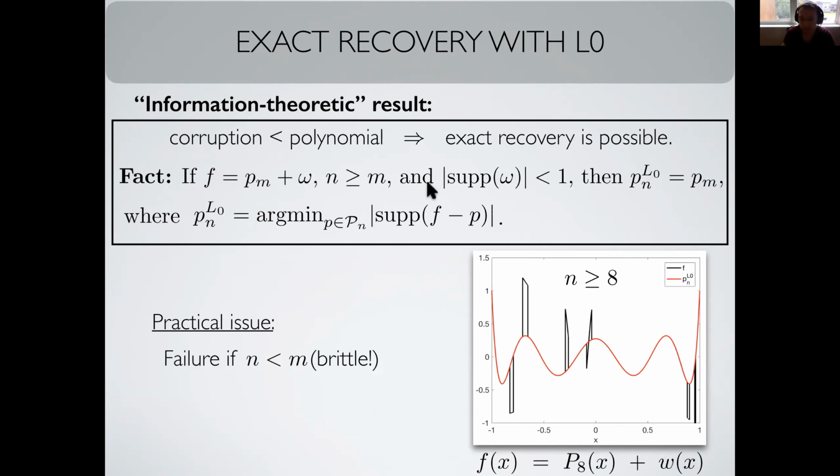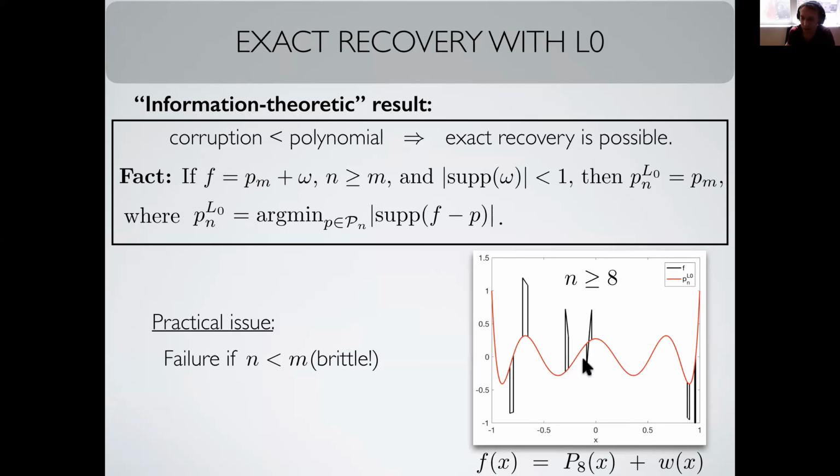It's very simple to show that if you have more polynomial than corruption, by that I mean the corruption is supported on an interval less than half the total length of the interval, in this case an interval of length 2, from -1 to 1, so when the support is less than 1, then trying to find the best one that minimizes the support exactly recovers the PM. So this is the information theoretical result.